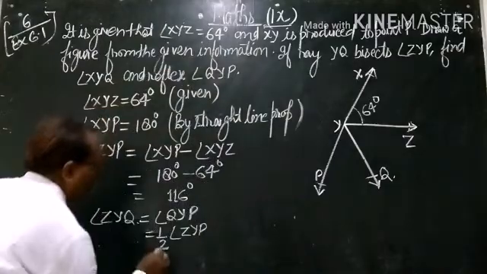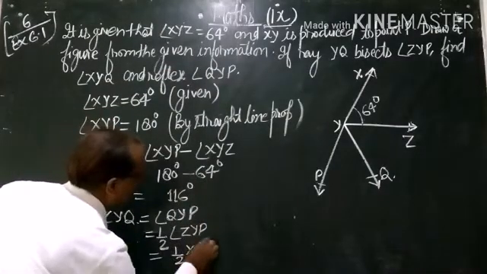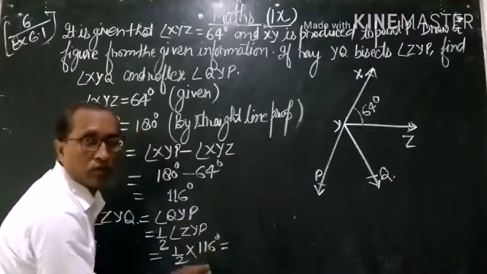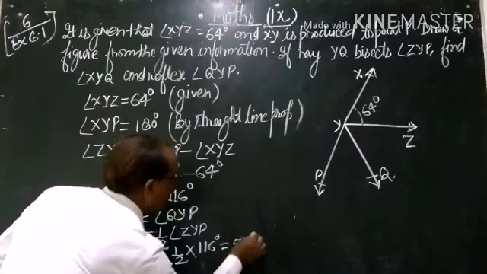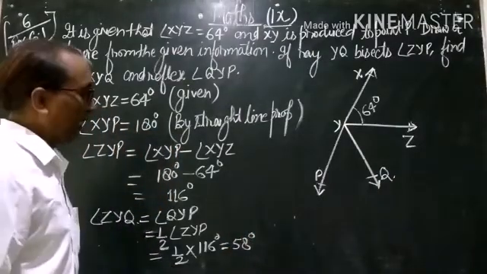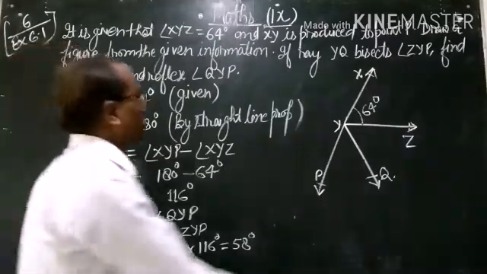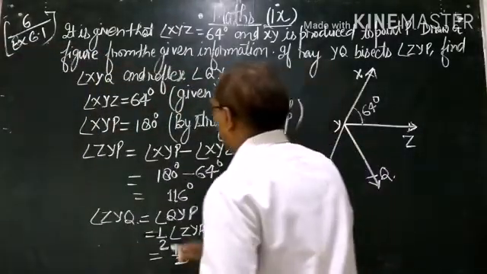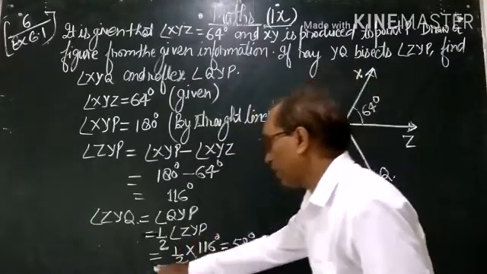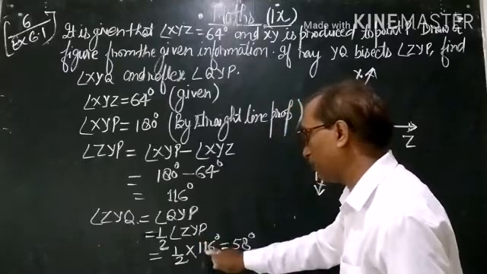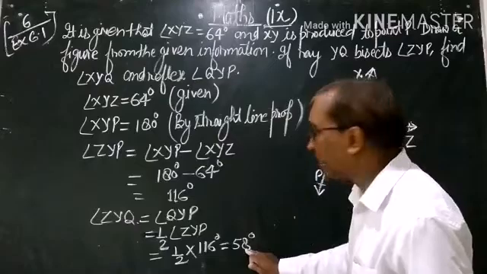That is equal to 1/2 into angle ZYP 116 degree, that is equal to 58 degree. Angle ZYQ is equal to angle QYP is equal to 1/2 angle ZYP, is equal to 1/2 into 116, therefore 58 degree.